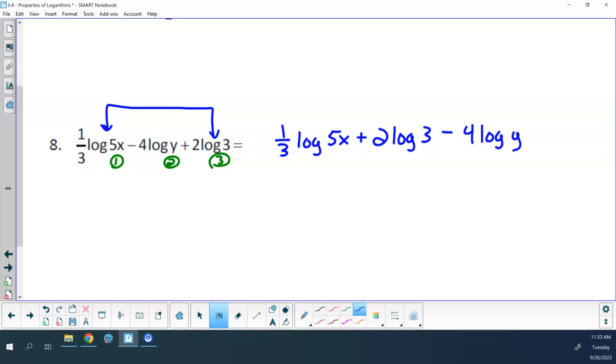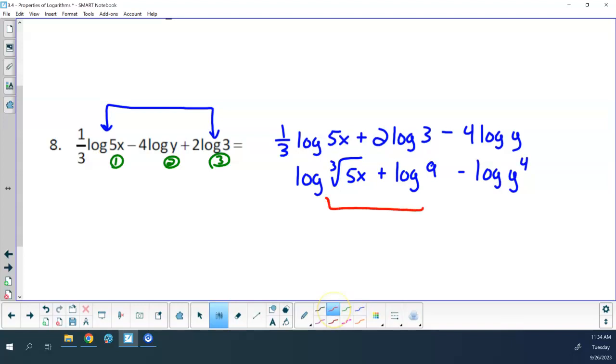right? It's legal, right? X minus y plus z is the same as x plus z minus y. Good there. So this is going to be that.